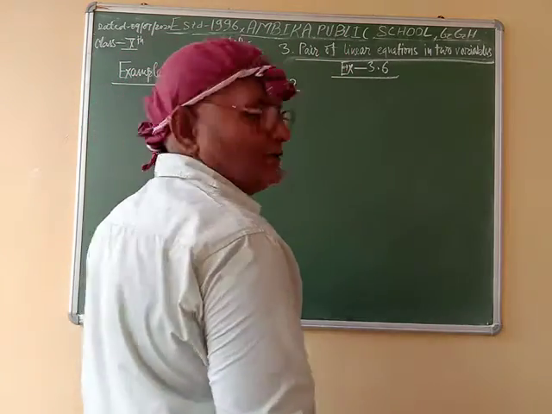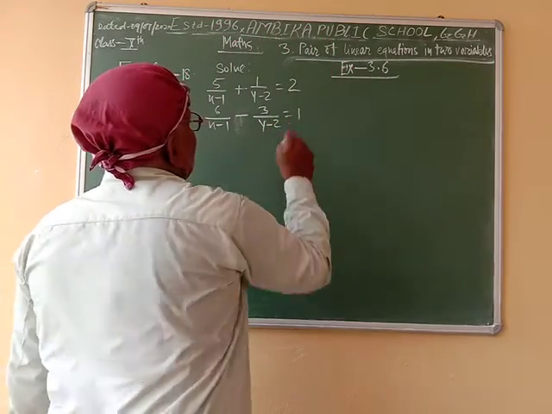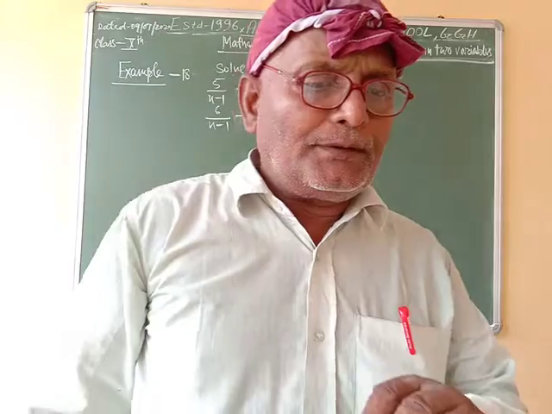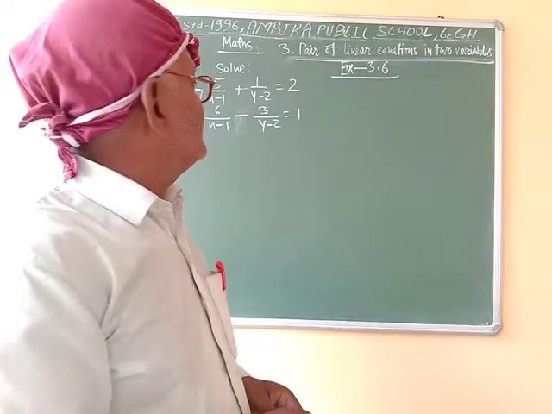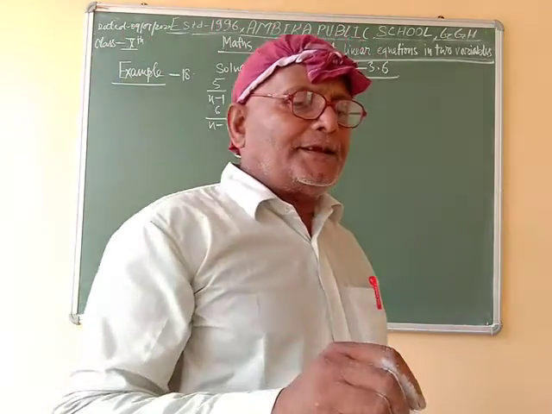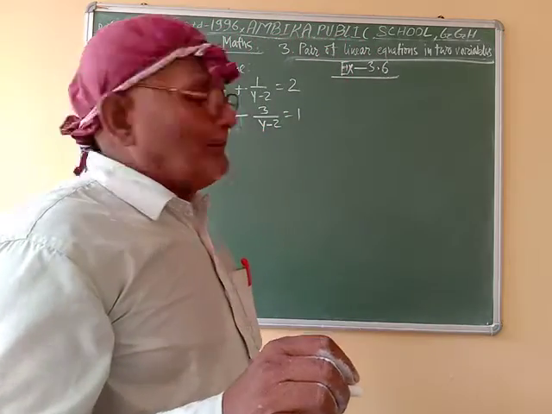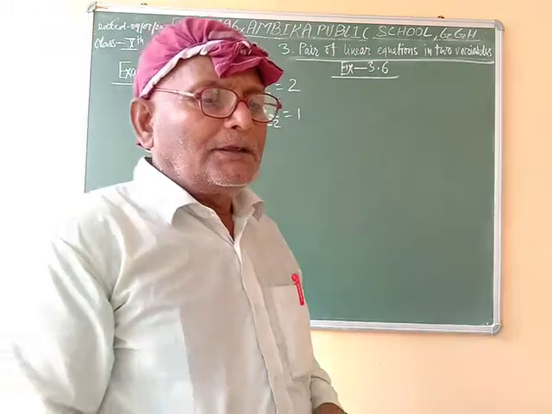We are given a pair of equations, 5 by x minus 1 plus 1 by y minus 2 is equal to 2 and 6 by x minus 1 minus 3 by y minus 2 is equal to 1.